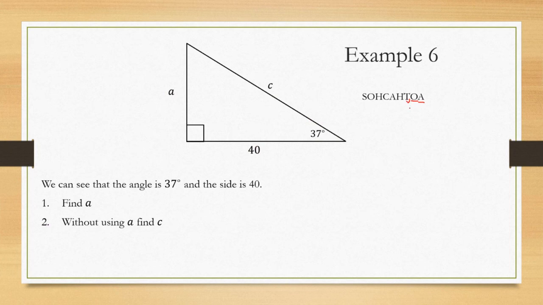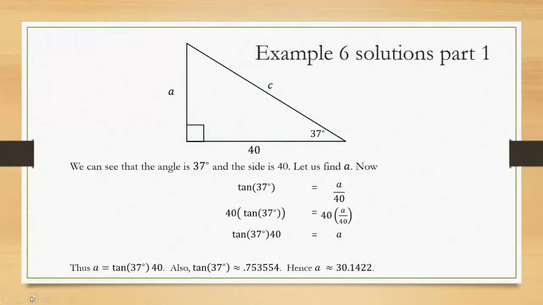Opposite, right? That's A. The adjacent side is 40. So opposite, adjacent, we're going to use tangent for this. And that's what we're doing. Okay, so that's what we have here. All right, that's good. 37.